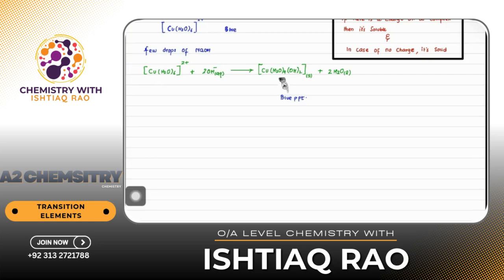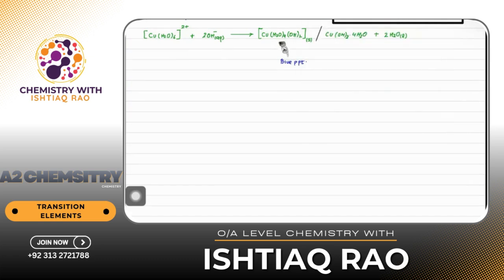We can also write this as Cu(OH)2·4H2O. Now what I'm doing, I'm going to heat this.